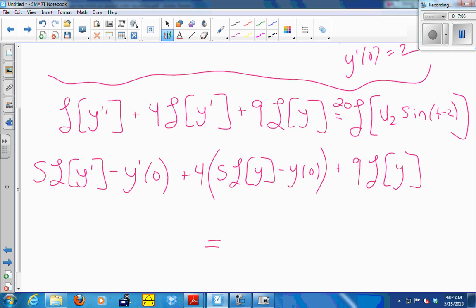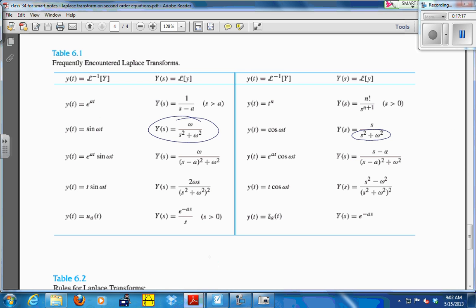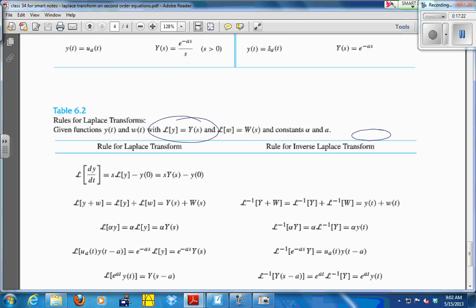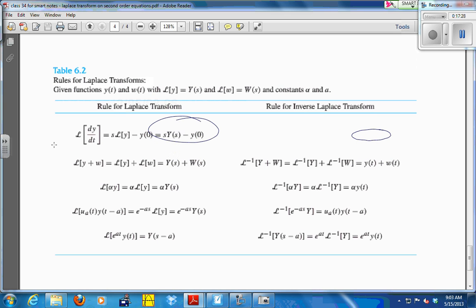And then the Laplace of this guy, u2 times the sine of t minus 2. We should see if there's something in the table that can help me do that. The Laplace of u2 times a shifted function is e to the negative as times the Laplace of y of s.